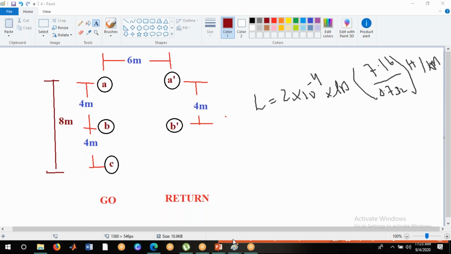What about others? Have you all got the value of inductance per conductor? Question, Basha, Jaiviswar Reddy.